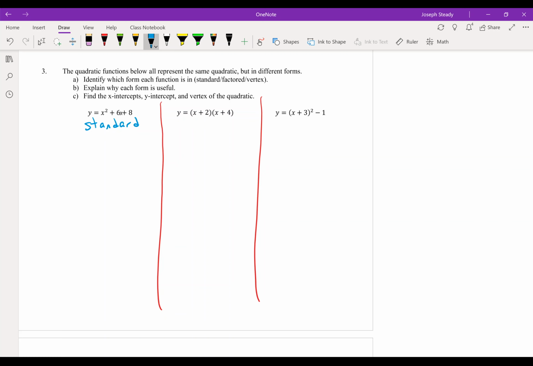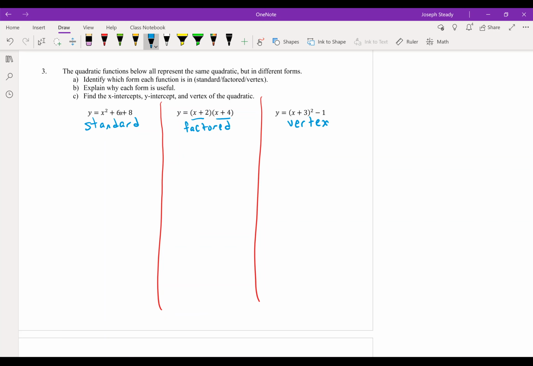The next example is written as something times something else, though those somethings are called factors, and that makes this factored form. And the third example here is written where we have something squared and then plus or minus a constant term at the end. This one is vertex form, the only one left.